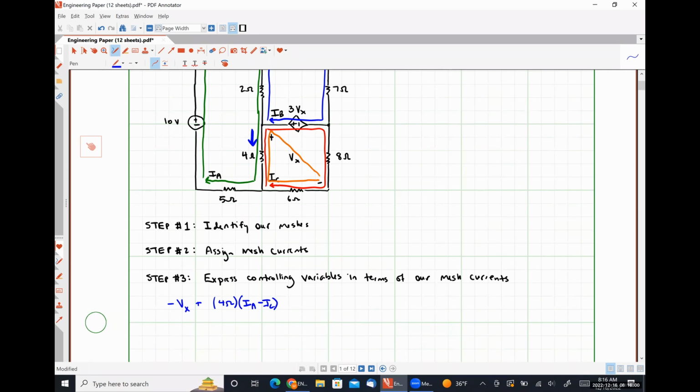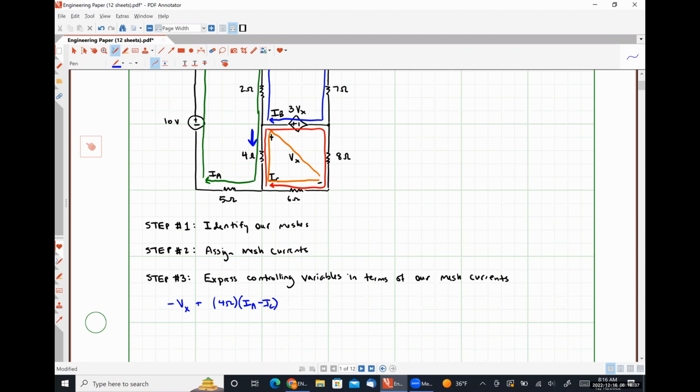As the green mesh current IA flows around its clockwise path, it flows down when it hits the 4 ohm resistor. Since it's in the same direction as the current we're looking for, it gets a positive sign. As the red mesh current IC flows through the 4 ohm resistor, it is flowing up, or in the opposite direction of what we're looking for. So we give that part a negative sign. The total current flowing down through the 4 ohm resistor is then simply IA minus IC.